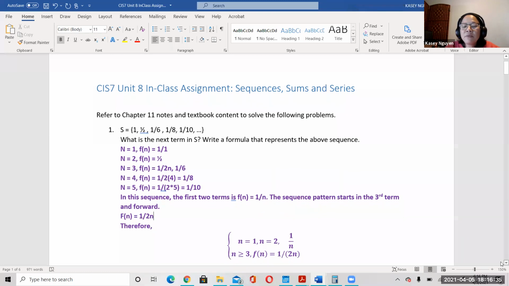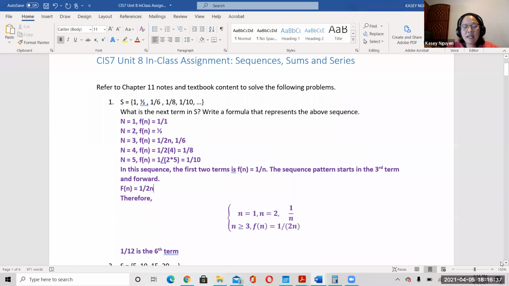The way that we write this is like this. You can insert the math equation if you want to write it like this, or you can handwrite it, but I wanted to show you how that would be written in a math format.